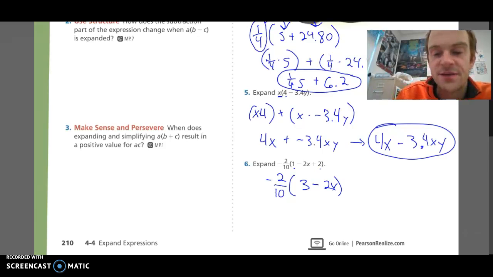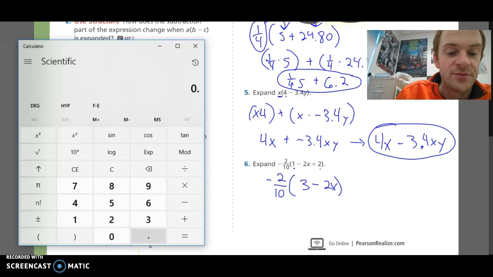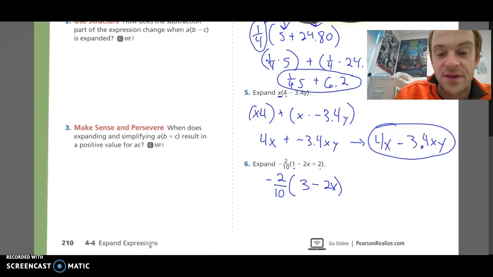So negative 2/10, which is negative 0.2, times 3. So pull up my calculator, and I probably don't really need to do this. This is 0.6, but there's a negative sign there, so it's negative. And actually, I'm skipping something. I should rewrite this out.